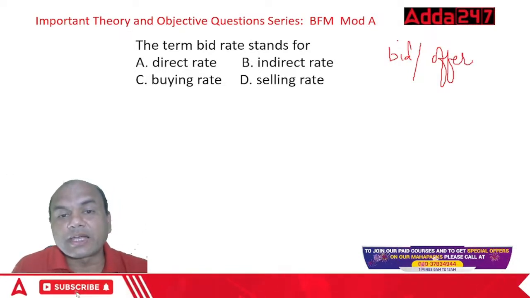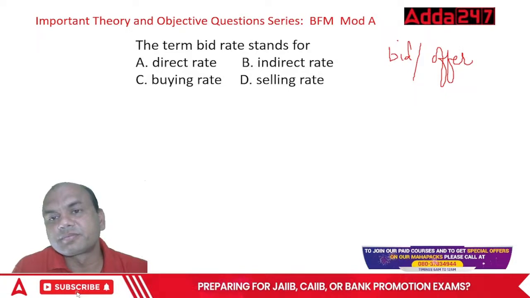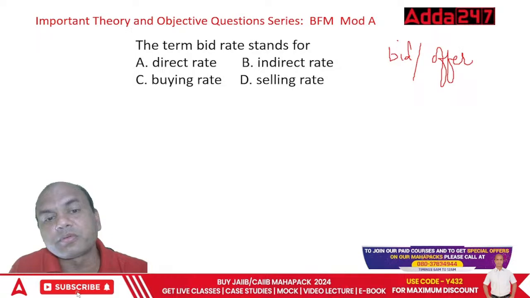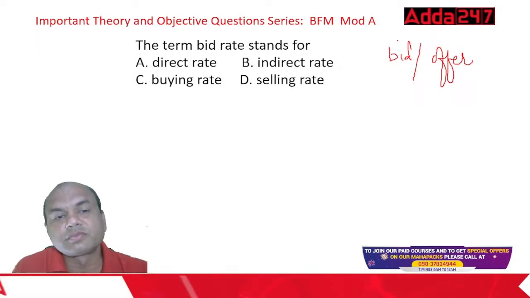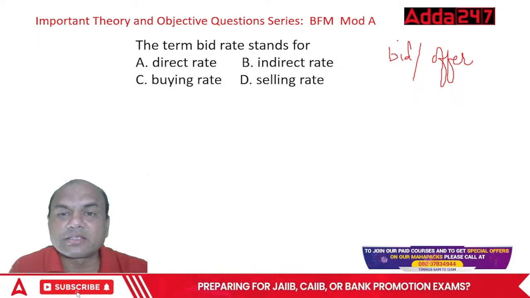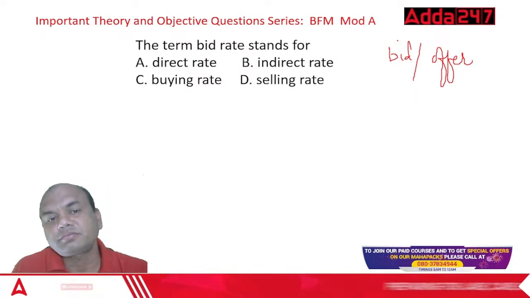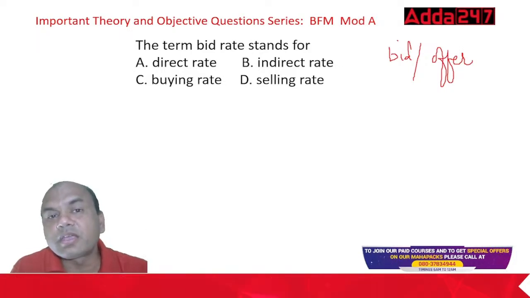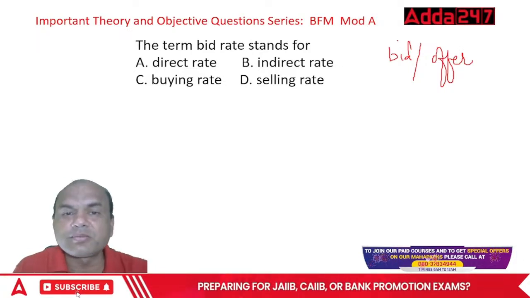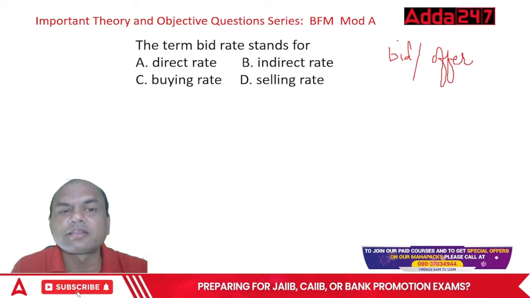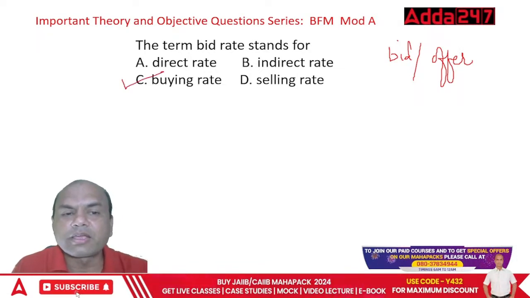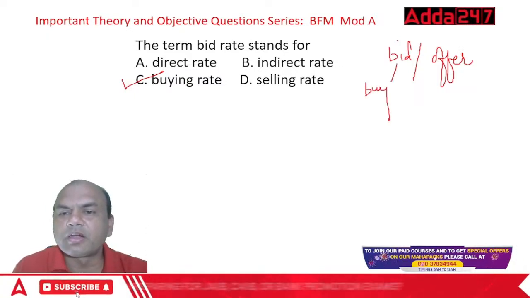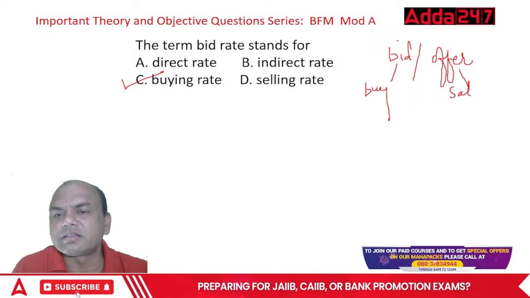Bid means I am bidding, so that is the buying rate. Bid equals buy, and offer means sale.